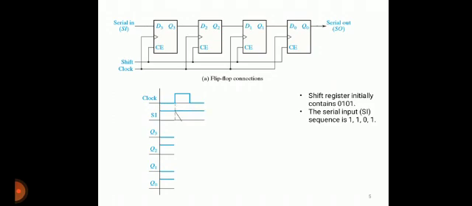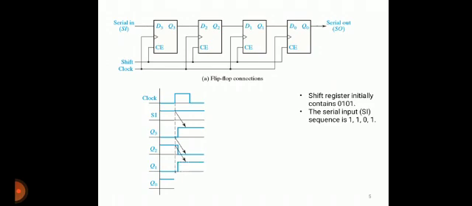So the serial input becomes 1. We know that Q3 will be equal to D3. At D3 we have the serial input, so Q3 will follow the serial input D3. So Q3 is equal to 1. The previous Q3 was 0, so Q2 now becomes 0 because Q3 is connected to D2 and we know that Q2 is equal to D2. That is why the data is shifted there.